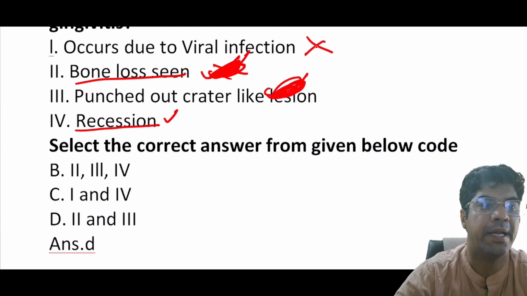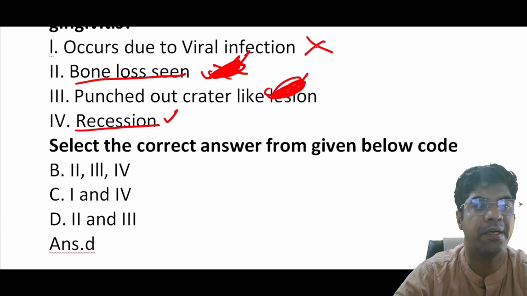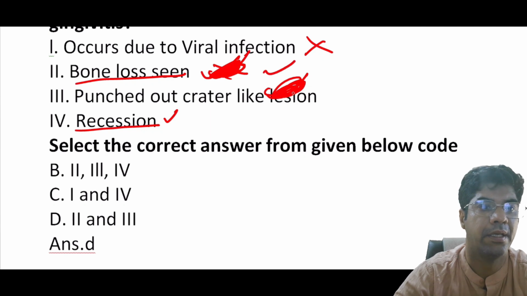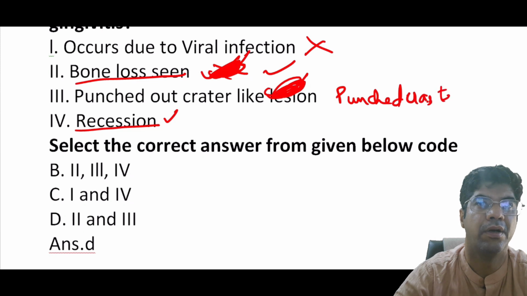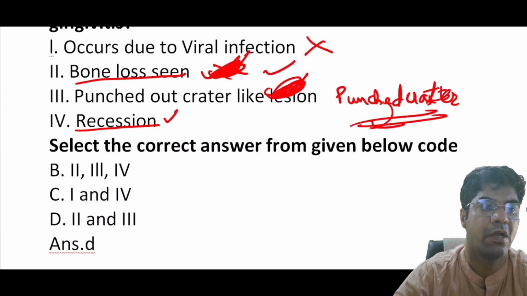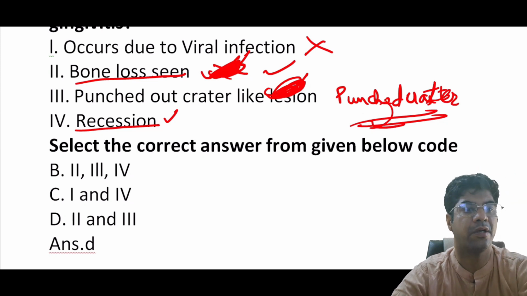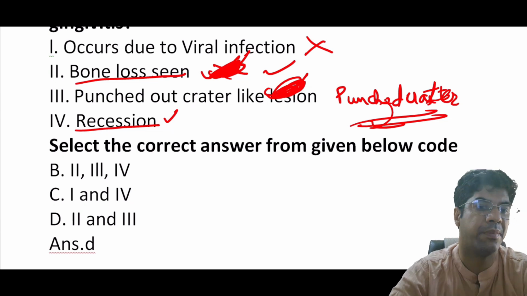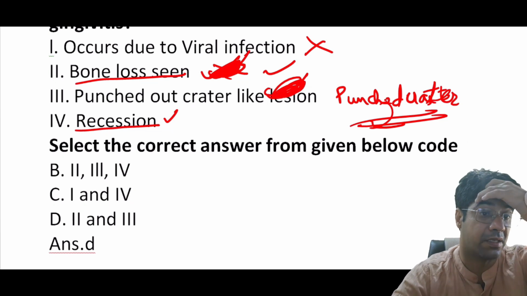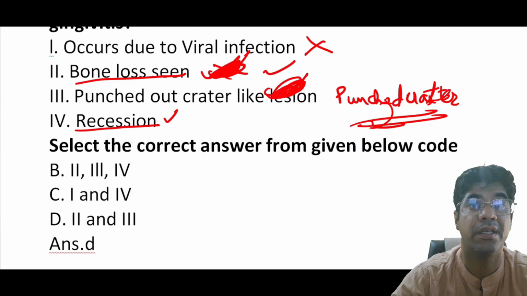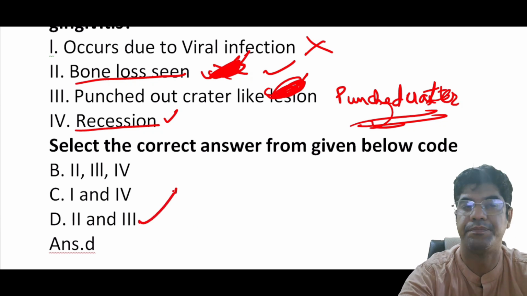ANUG can lead to rapid and severe periodontal destruction including bone loss, and one of the hallmark features is the presence of punched out crater-like lesions on the interdental papilla. While the gingival recession can occur in chronic periodontal disease, it is not a primary or defining feature of ANUG. So answer is D.